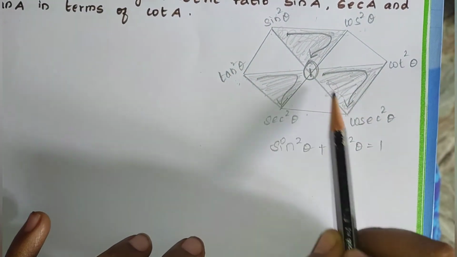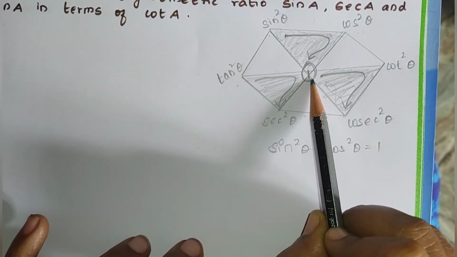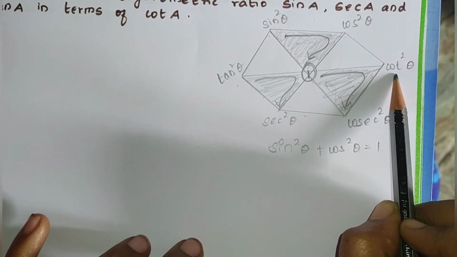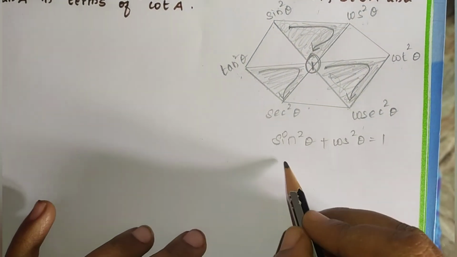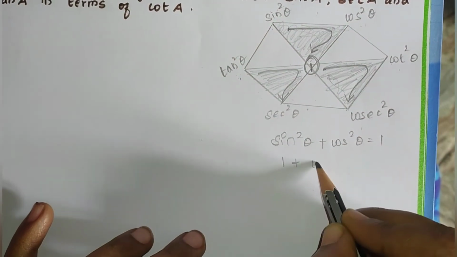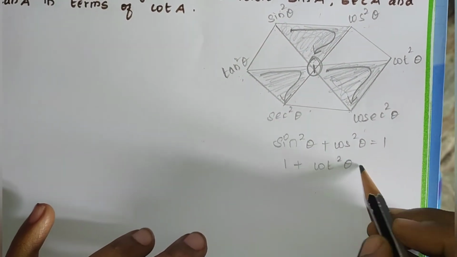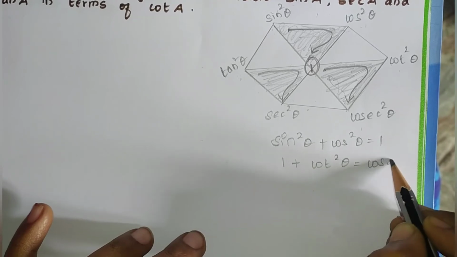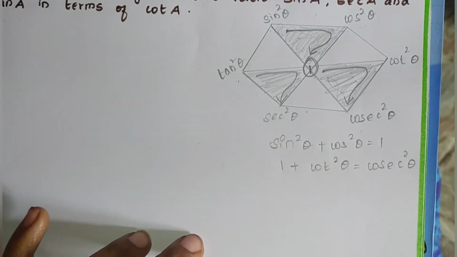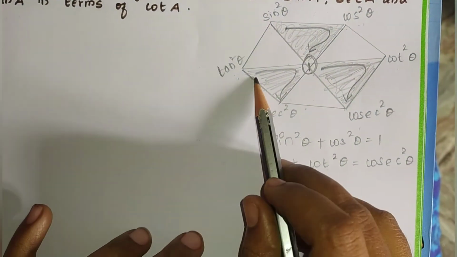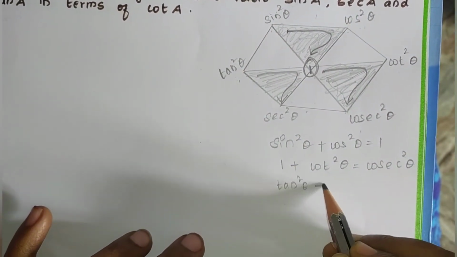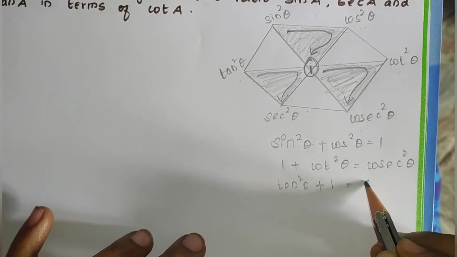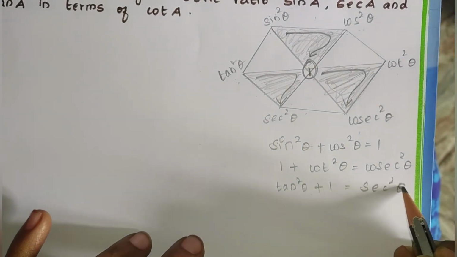Then the curve is starting from here. So 1 plus cot square theta is equal to cosecant square theta. And then tan square theta plus 1 is equal to secant square theta.